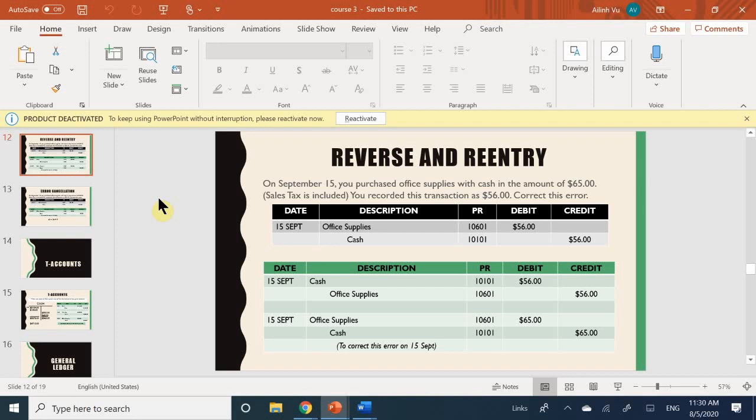Now, if you find this error, let's say 2 weeks later, yes, you can correct it 2 weeks later. You just have to make sure that when you're journalizing, the day that you find the mistake, you record it that day, and you make sure in your description that you're correcting the error made on that specific date. So you see right here, I wrote to correct the error on the 15th of September.